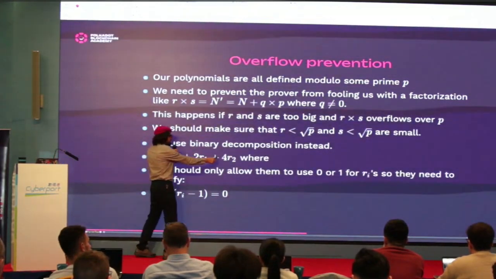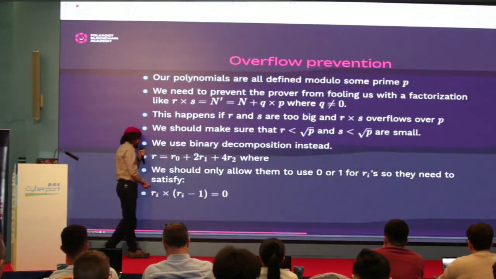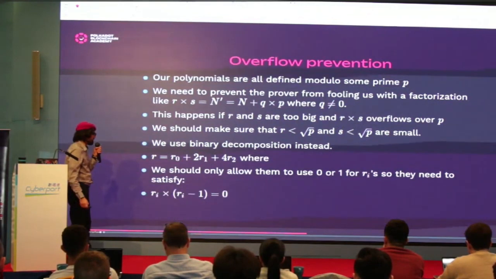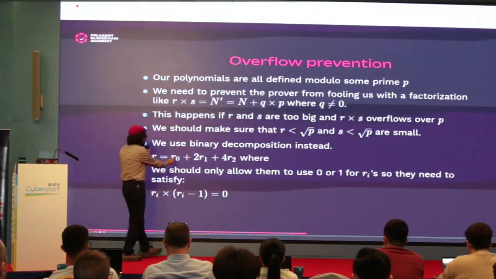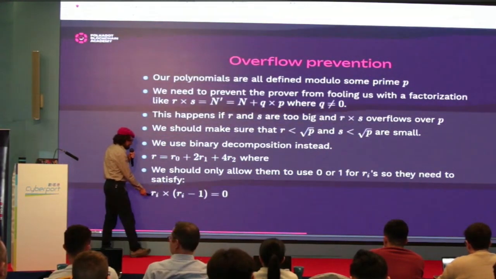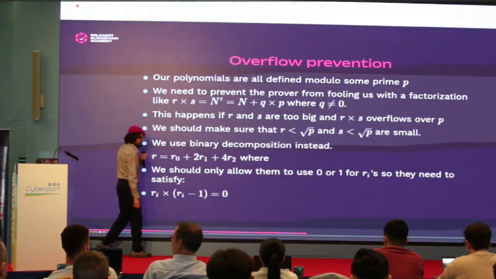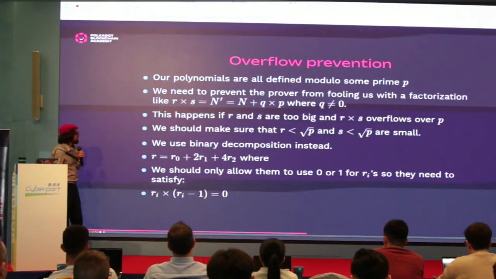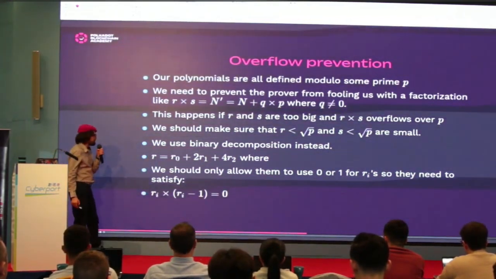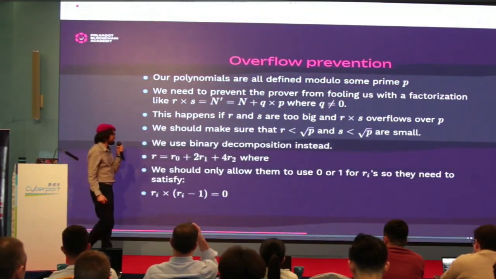So to prevent them from cheating, I also need to prevent them from using anything besides 0 or 1. The standard way of doing it is I ask them to satisfy this equation. So now I have this equation and this equation added to all the list of equation relationships that I want them to satisfy.